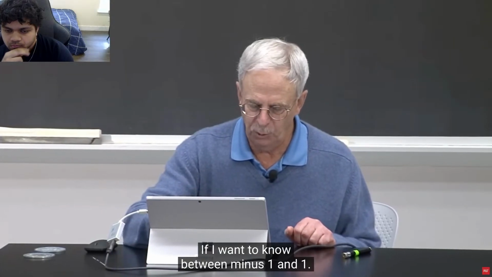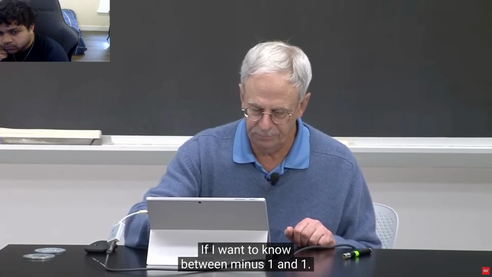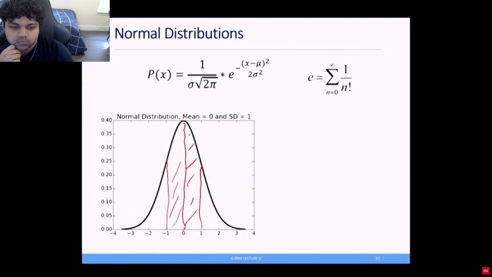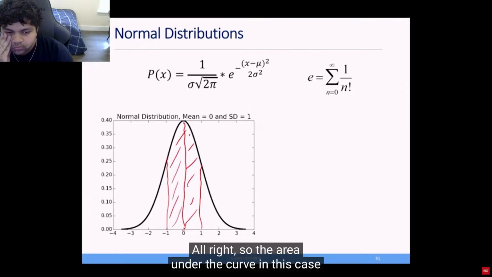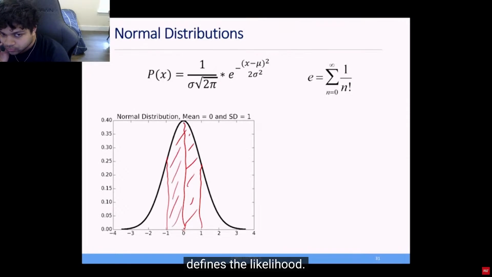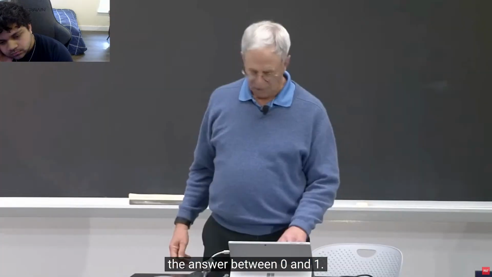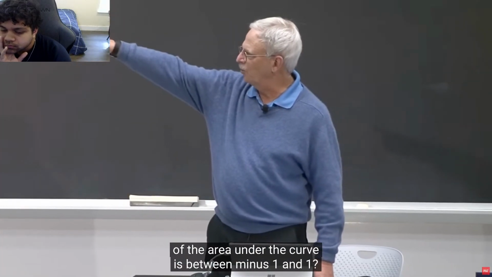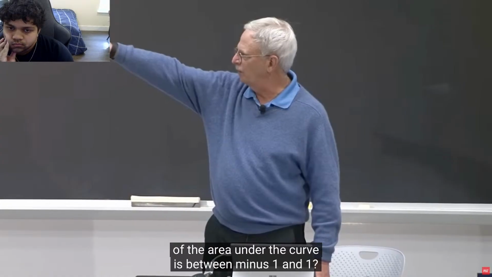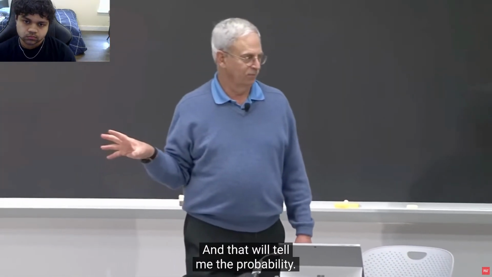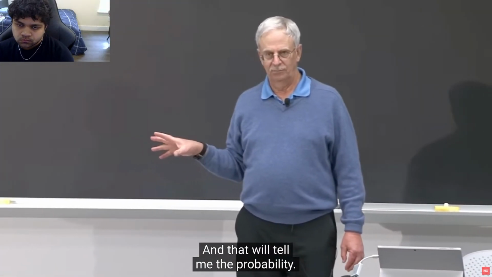If I want to know it between -1 and 1, I just do this, and then I integrate over that area. All right, so the area under the curve, in this case, defines the likelihood. Now I have to divide and normalize to actually get the answer between 0 and 1. So the question is, what fraction of the area under the curve is between -1 and 1?